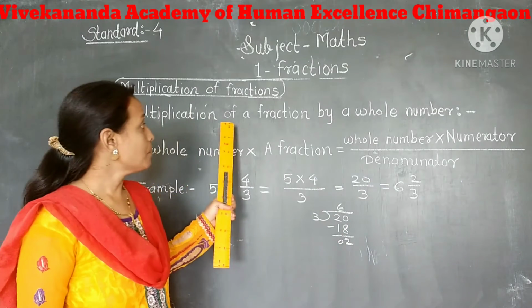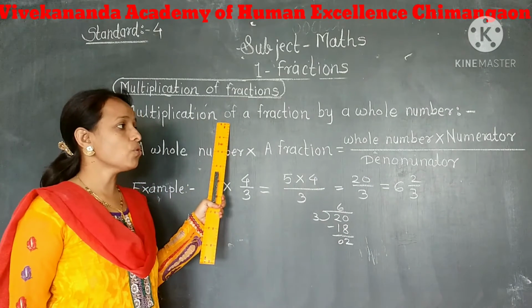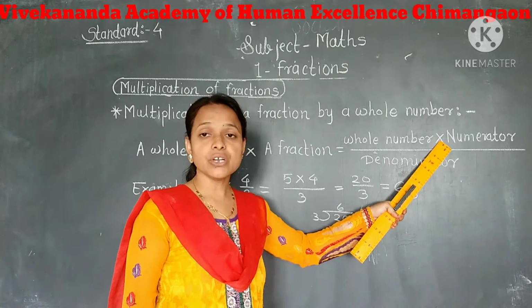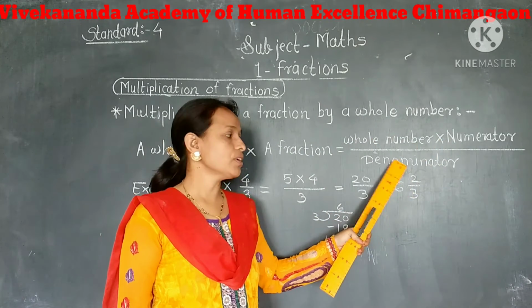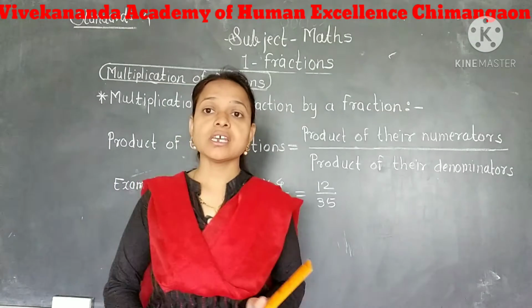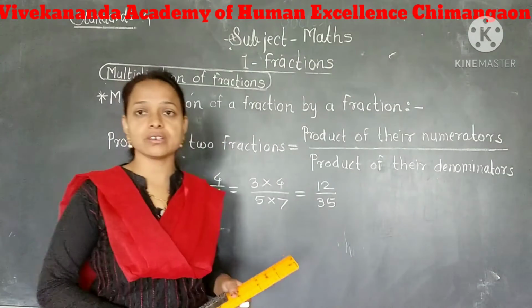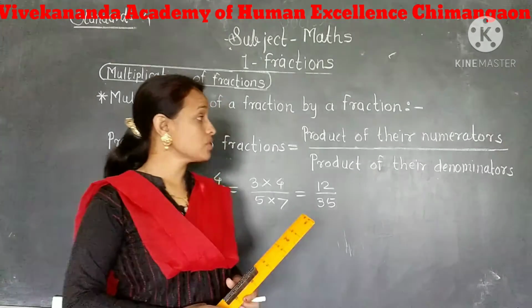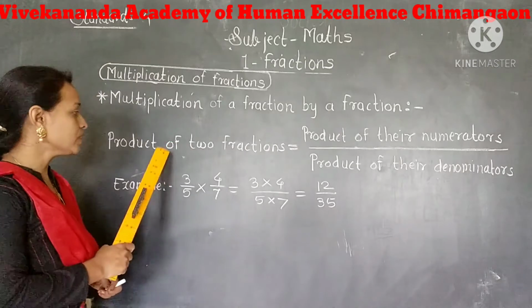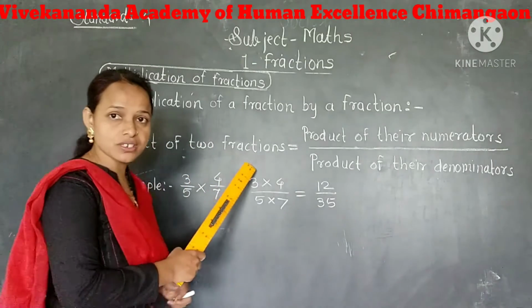In this way, for multiplication of a fraction by a whole number, we have to use this formula: whole number multiplied by the numerator of the fraction, upon the denominator of the fraction. Now we will see how to multiply a fraction by a fraction. For that we have to use a formula. Look here, the product of two fractions.